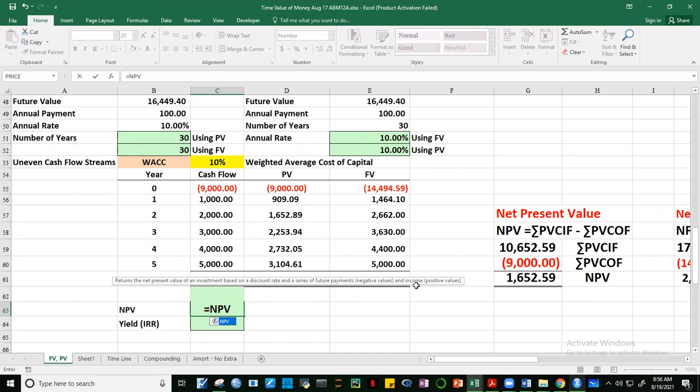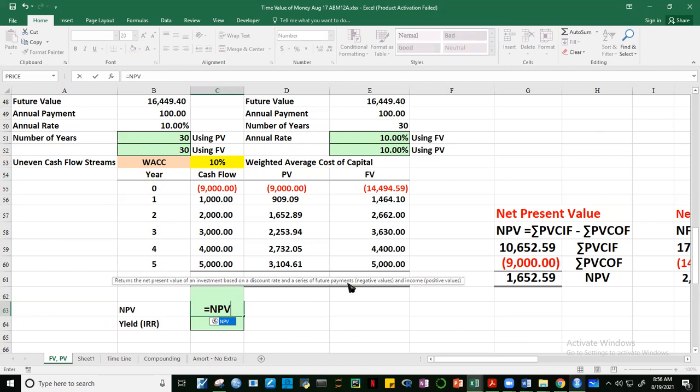Okay, future payments and income. This is where medyo mali si Excel sa paggamit ng term ng net present value. Kasi dito, hindi niya sinasama yung current na value. Hindi niya sinasama yung times 0. Kasi sabi niya, future payments lang.